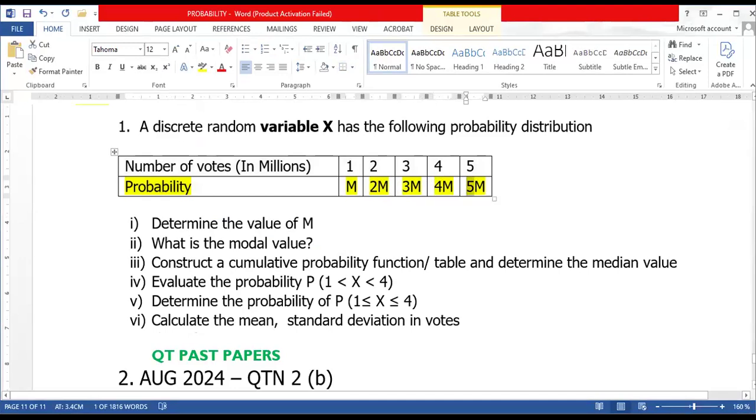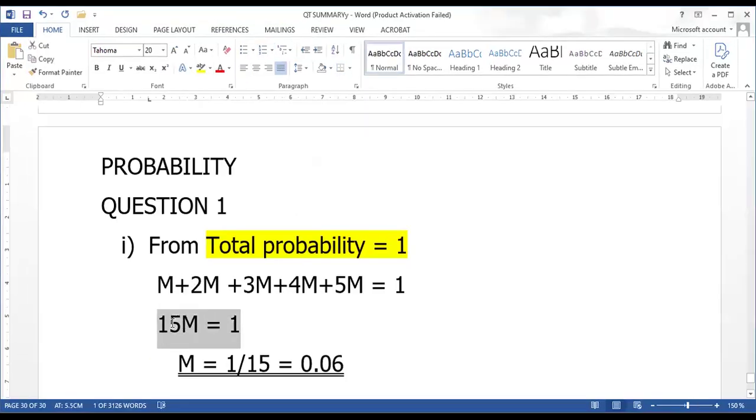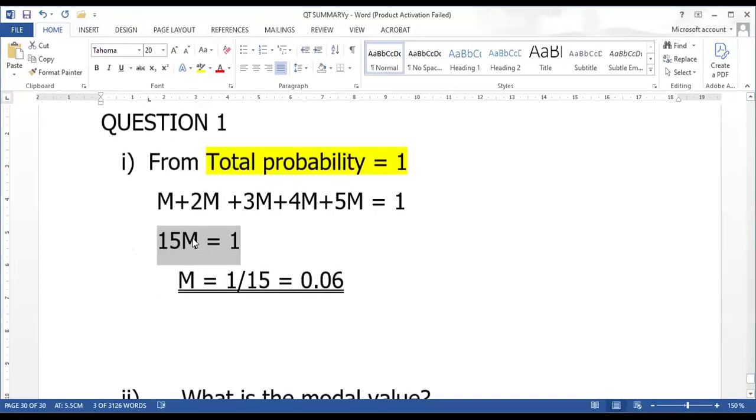You get 15m, which is equal to 1. So you need m. Divide both sides by 15. So it is 1 out of 15, which gives you 0.06.